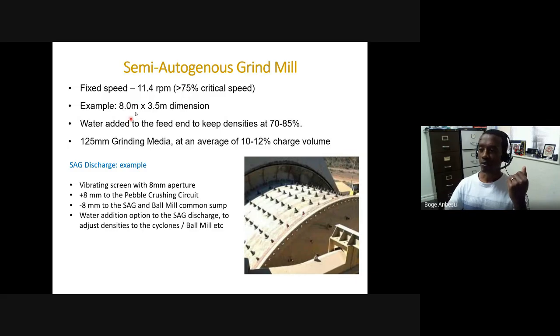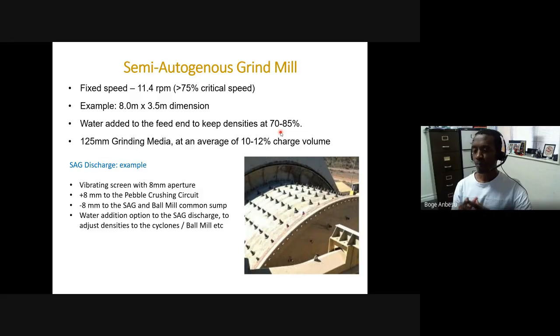But that depends on obviously the mill diameter and so on. So you need to calculate whatever critical speed you have for a given mill based on the dimensions, which is not difficult to do. And for example, if you're operating a SAG mill, we also use water, and typically densities are about 70 to 85% solids.